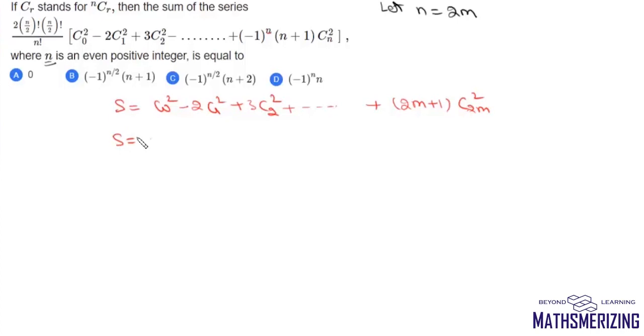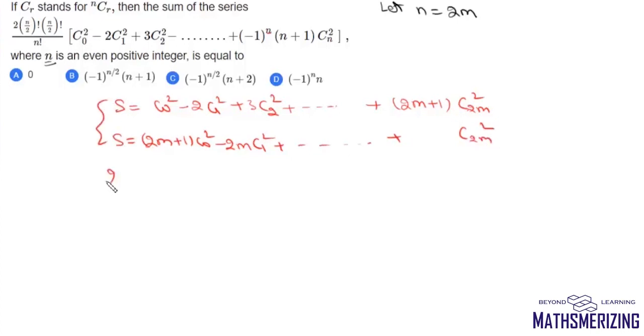Now what we'll do is, we'll use the reversing technique. So we'll reverse the series. I'll write this term first, (2m + 1) C0 square. Now what about the term prior to this one? It'll be minus 2m C1 square, and it'll continue, and in the end we'll have C2m square. So we'll add the two series.